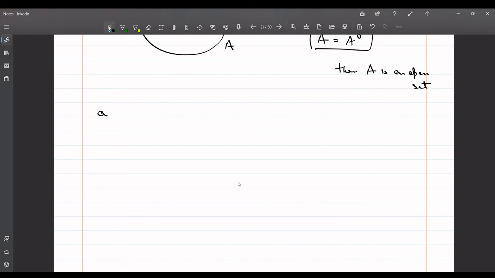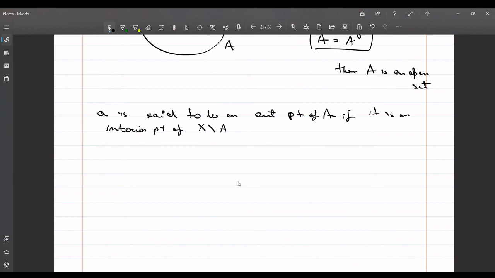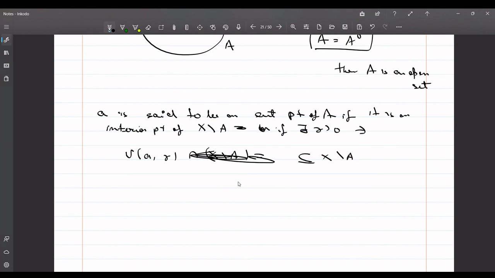We are considering the same metric space X. A point a is said to be an exterior point of A if it is an interior point of X minus A. Mathematically, you can write it like this: if there exists a positive real number R such that the open ball centered at a and radius R intersection X minus A is completely contained in X minus A.